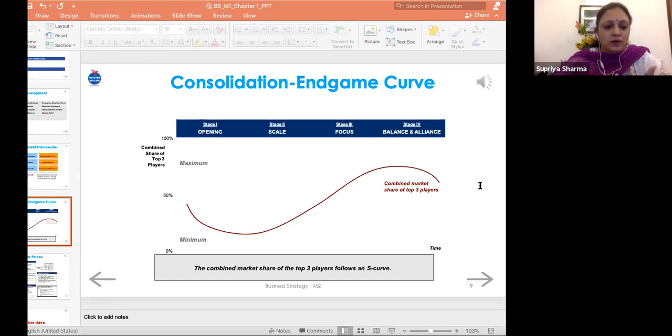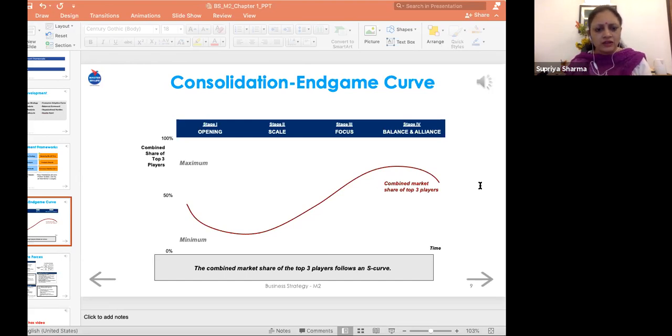First, stage one is the opening stage. It generally begins when a company is a small startup. Maybe that company is a monopoly because they are the first entrants into the market. So they are the new ones in the market, so they have the monopoly. Just emerging.